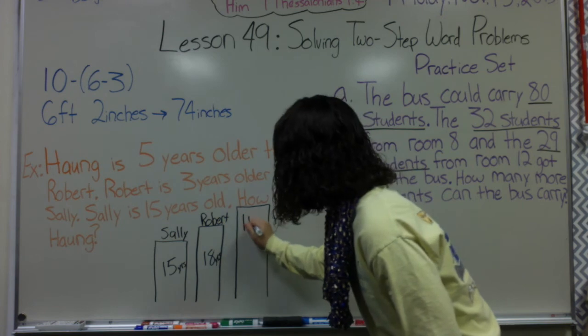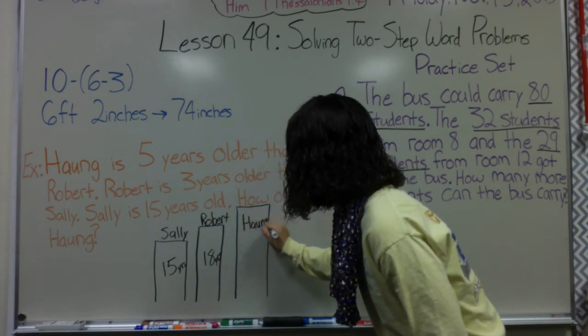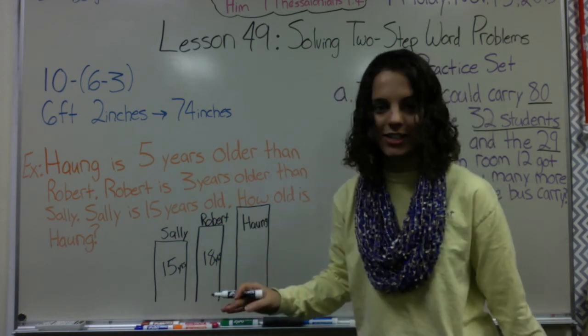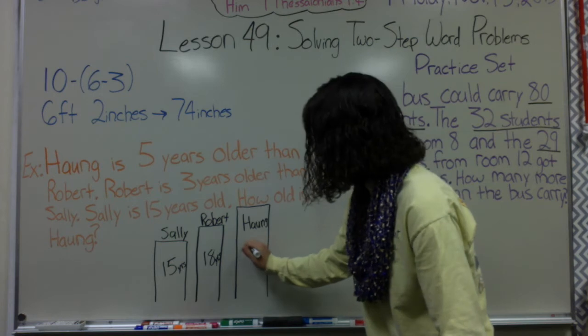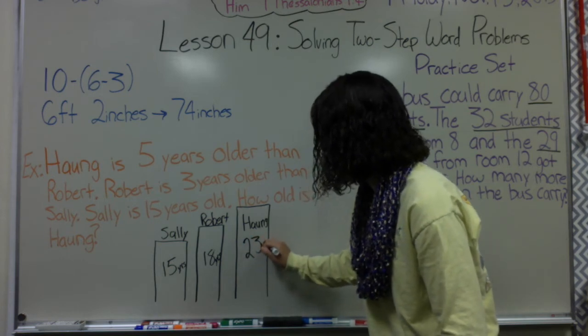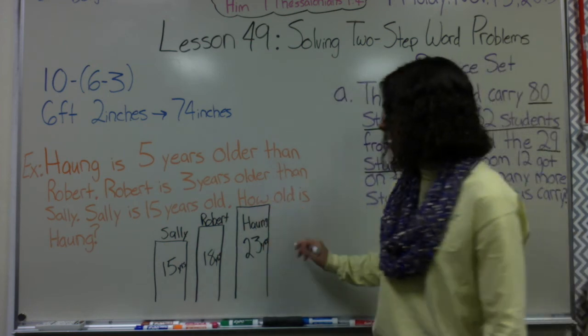So this is Huang. That means we have 18 plus 5, which is 23. So Huang is 23 years old. So that's how we figured out how old Huang is.